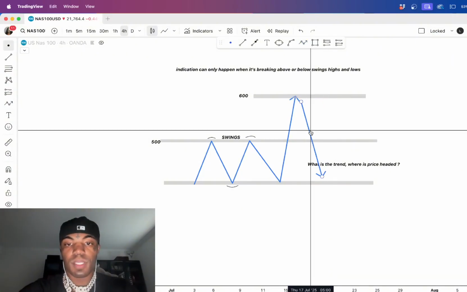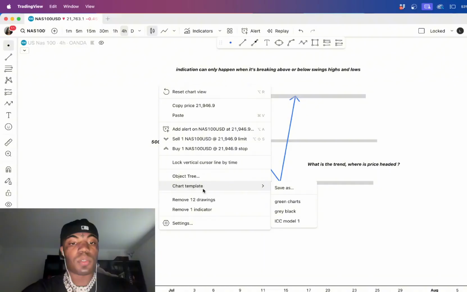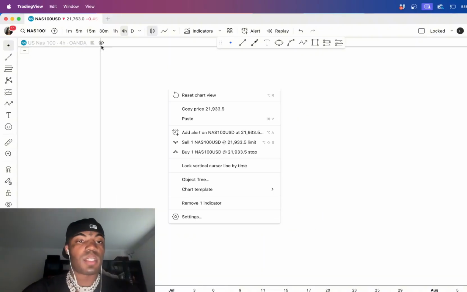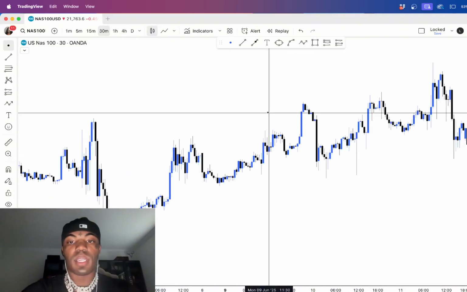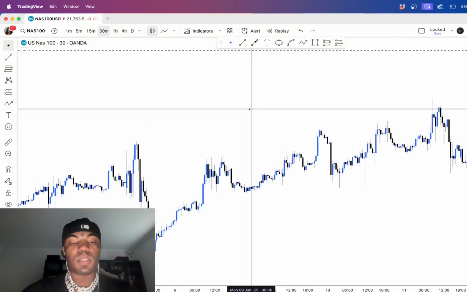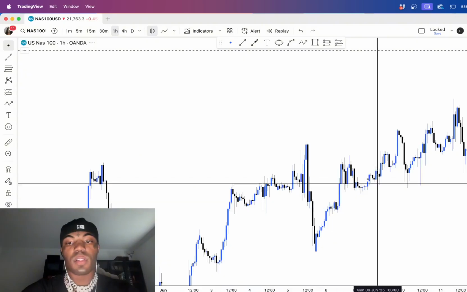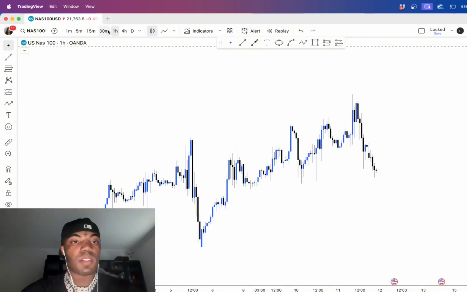So in this case, we already know what an indication is. Let me show you what it looks like on the charts. We can go to a 30-minute time frame, and we can start from this week. On this 30-minute time frame, you can also use 1 hour or 4 hour, right?